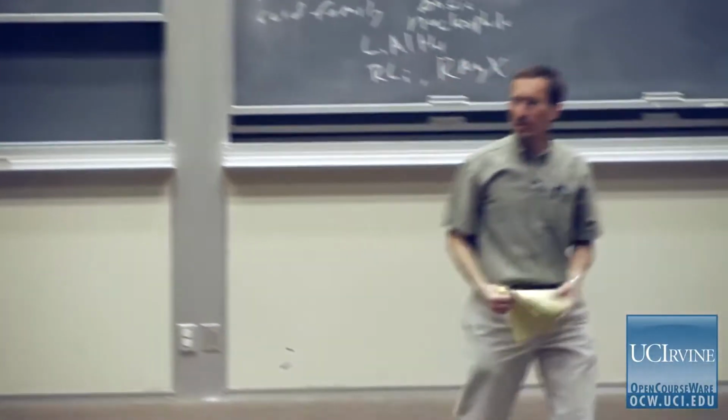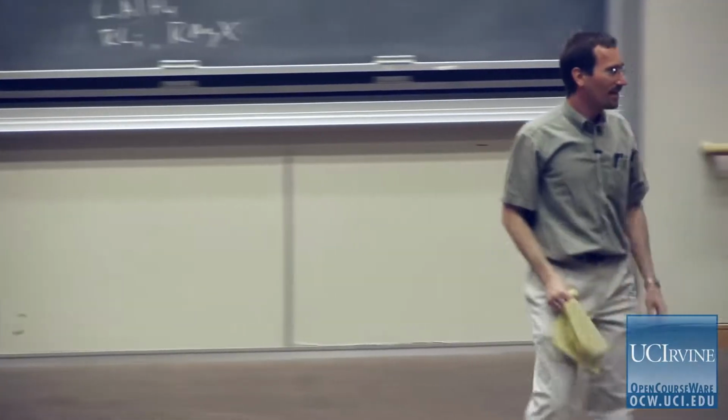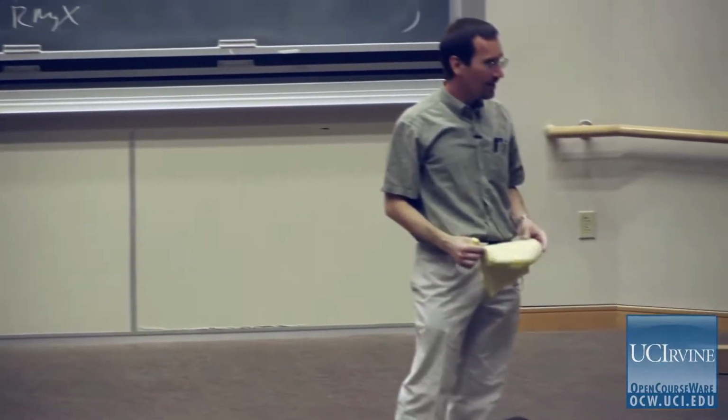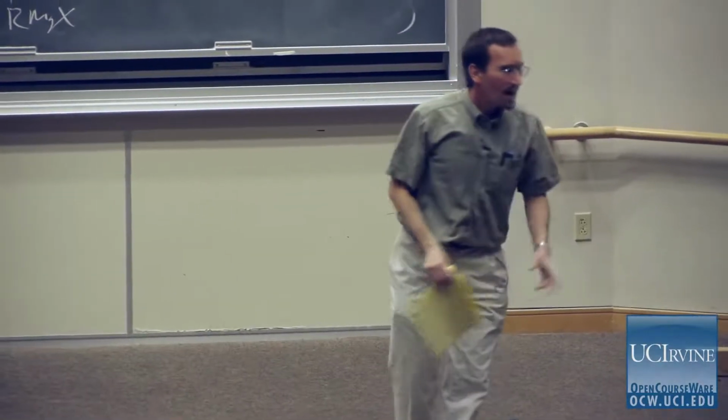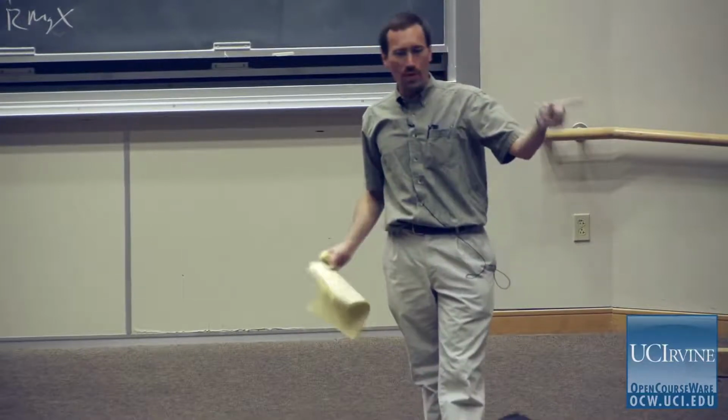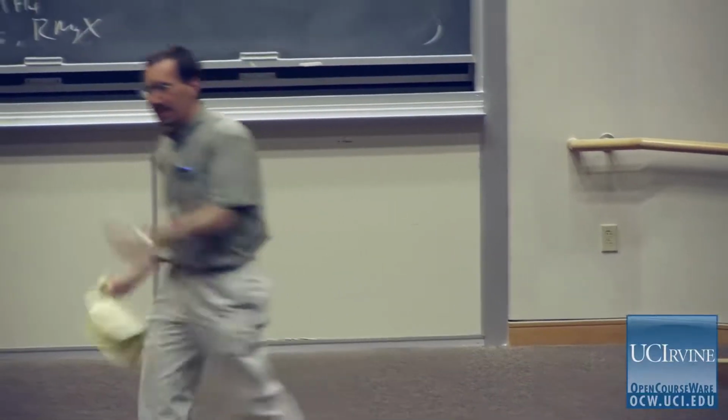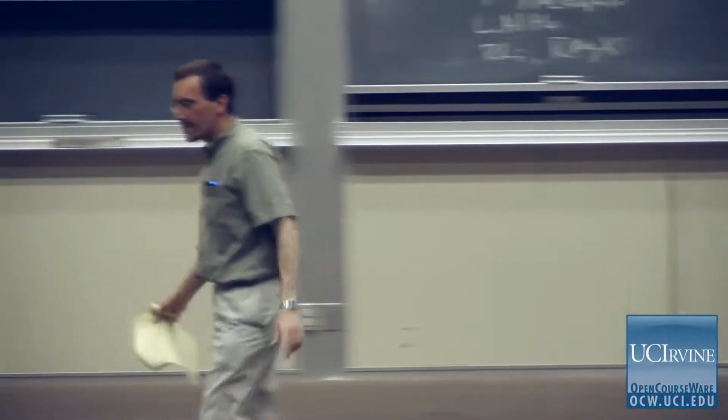And one more question. What does it mean by leaving group have less than 5 pKa? Okay, what do you mean? Great question. What do you mean by a leaving group has less than 5 pKa?